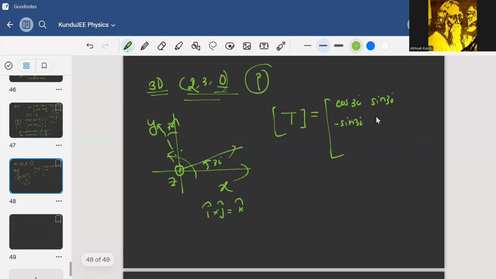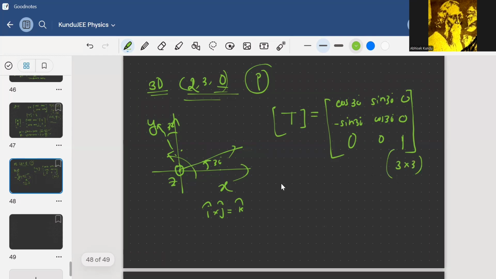So this was the transformation matrix we have got. So to make it 3 cross 3, this is just the transformation matrix, how it will be represented.